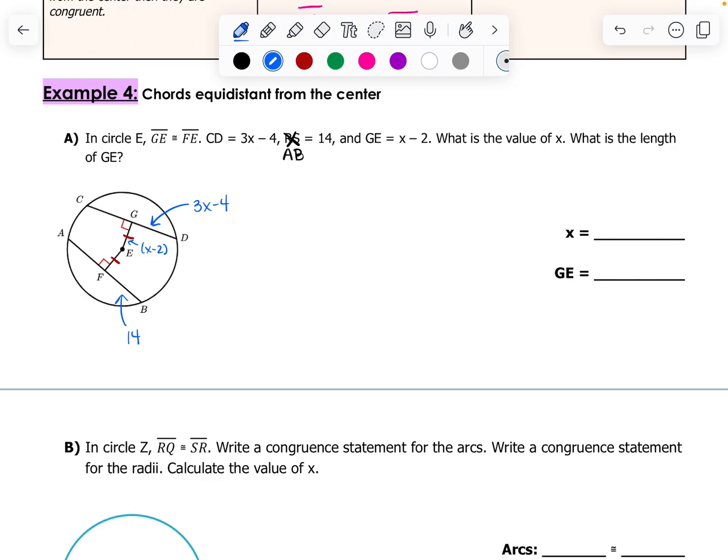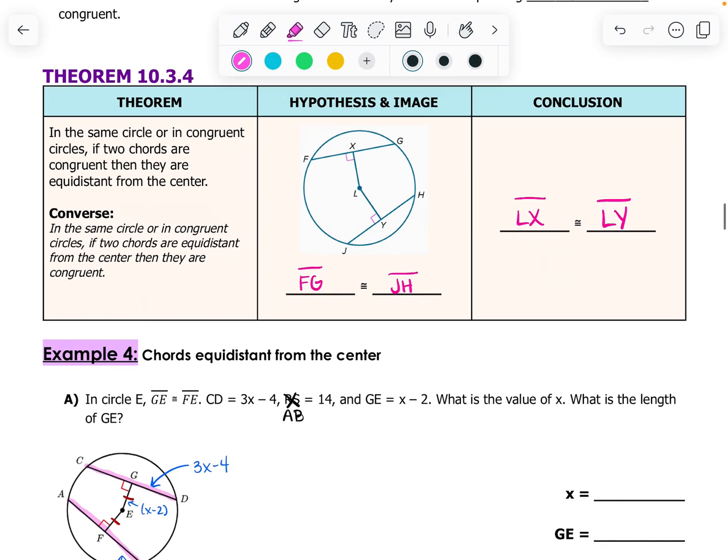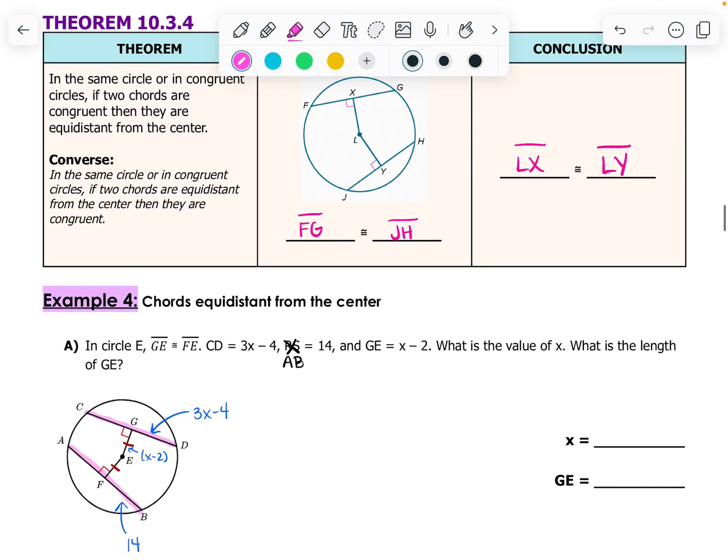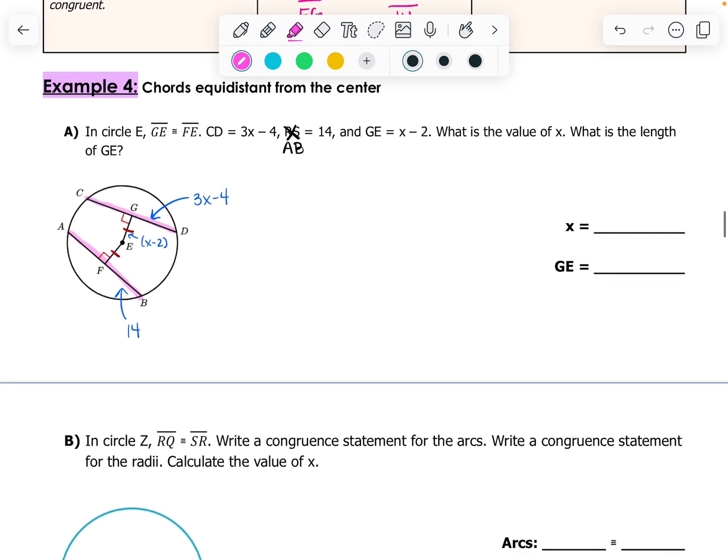Well, the first thing we want to do is conclude that these chords are congruent to each other. We're applying this property up here, but in reverse. So our equation is going to be 3x minus 4 equals 14. Start solving for x by adding 4 to both sides.